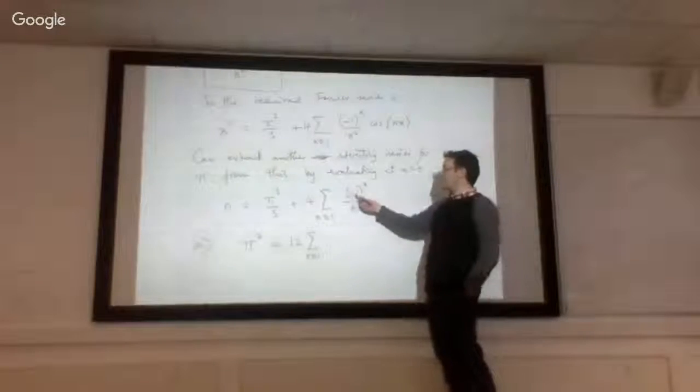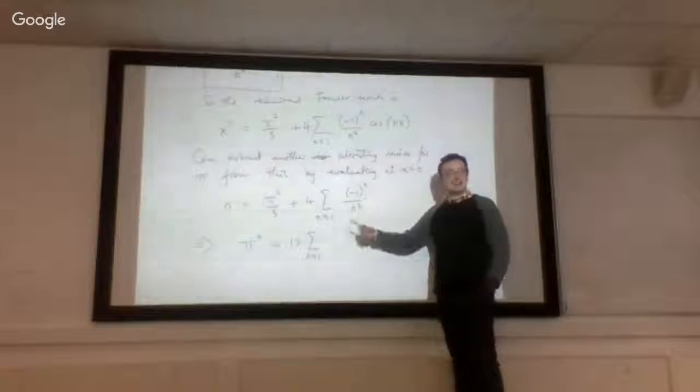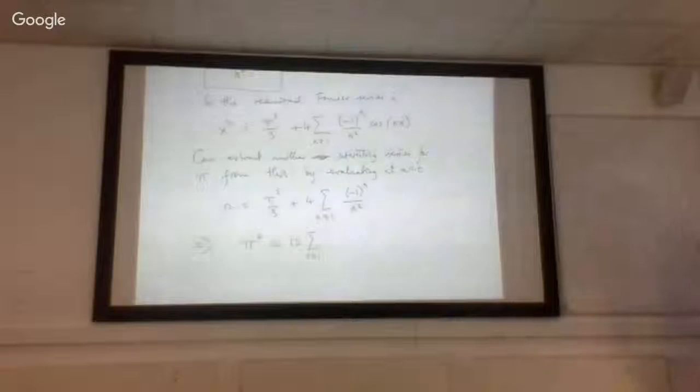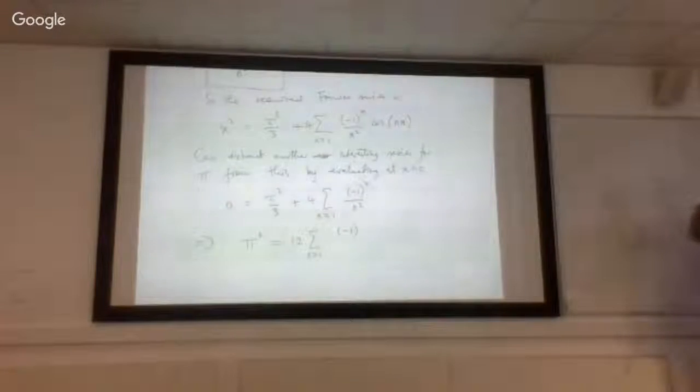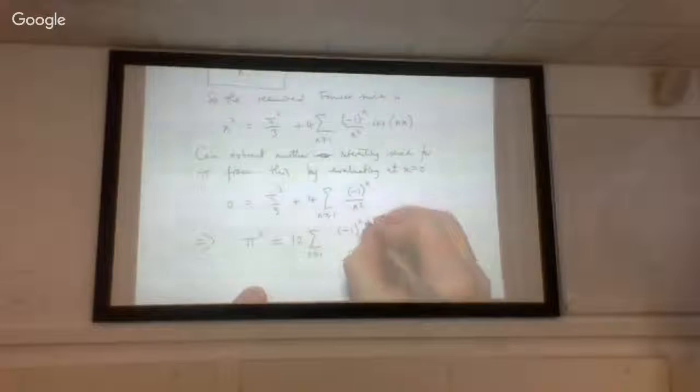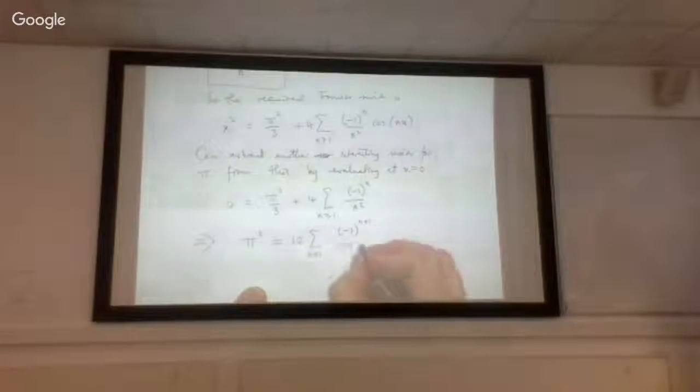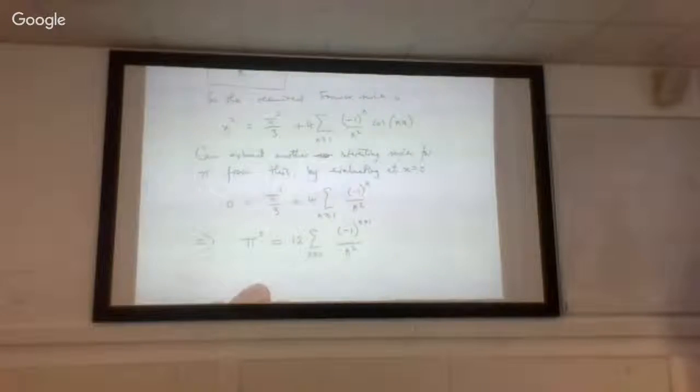Well, we've already got minus 1 to the power n, so when you take an extra negative, that changes it to minus 1 to the power, either n plus 1 or n minus 1. The point is, it has to be one step either ahead or behind n. Let's make it n plus 1, maybe the most natural. Sum over n squared.